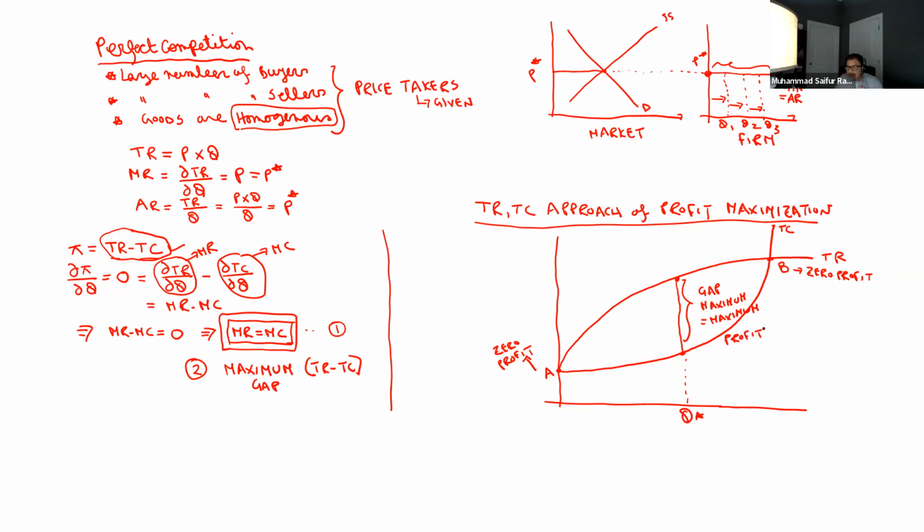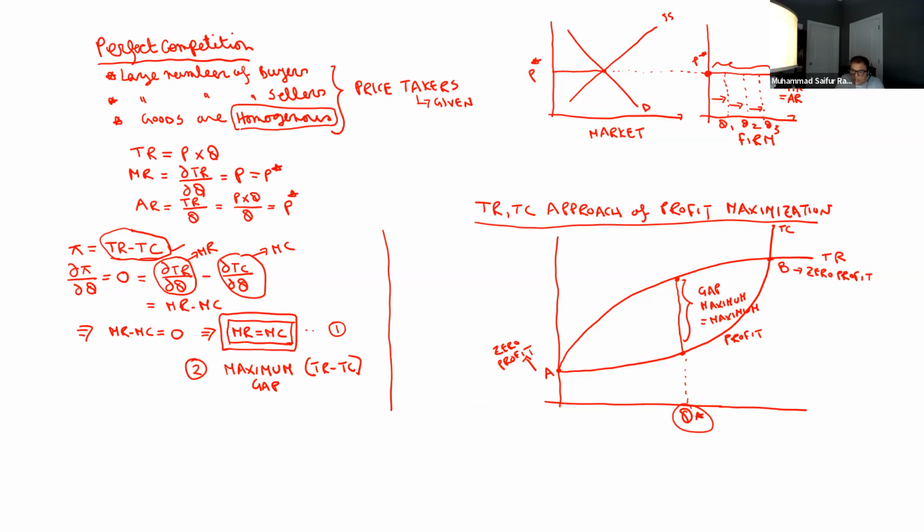Okay, so that's our total revenue, total cost approach. In this approach, we find the output level where the gap between the total revenue and total cost is maximum, and we are done.